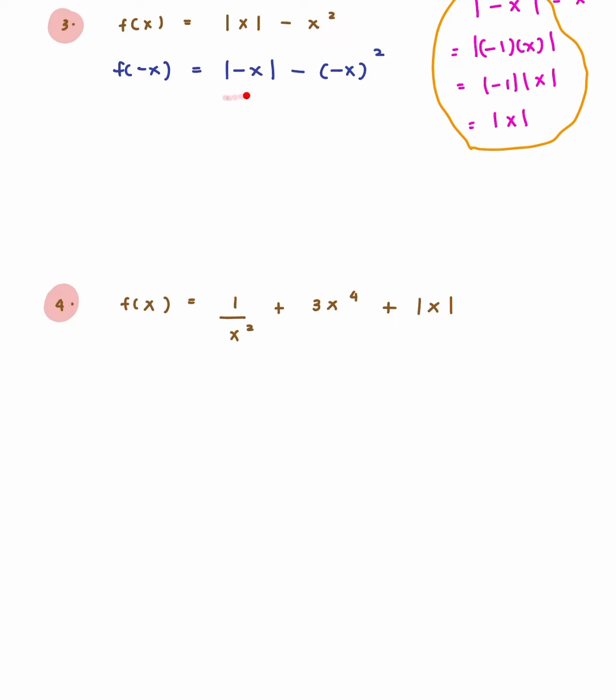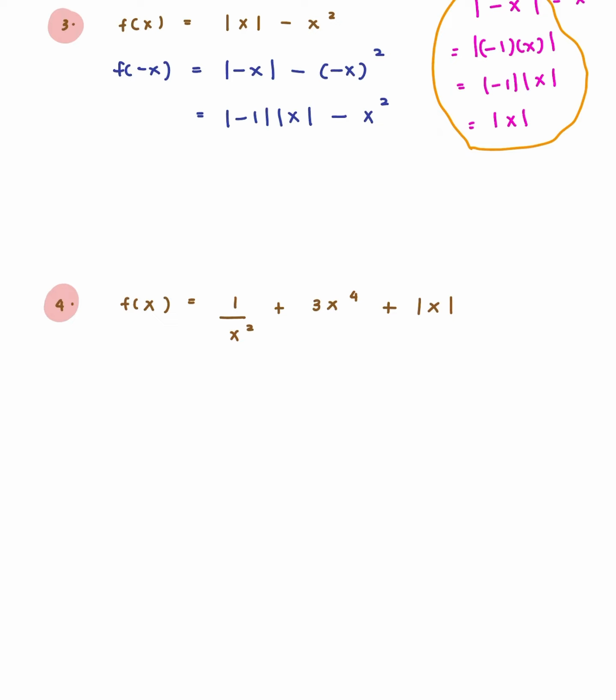For this one, don't just solve until you have x only, because we want to recognize whether it is the same as the question or not. The question has the modulus, so maintain that modulus symbol. So what can you do? You can split out the modulus of negative 1 and modulus of x, and minus negative x squared is x squared only.